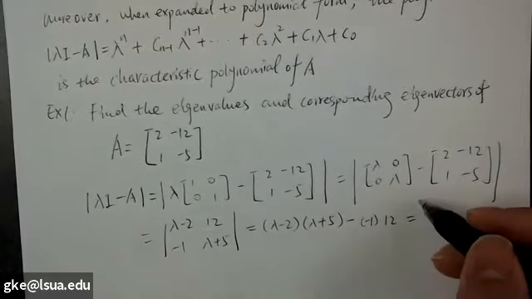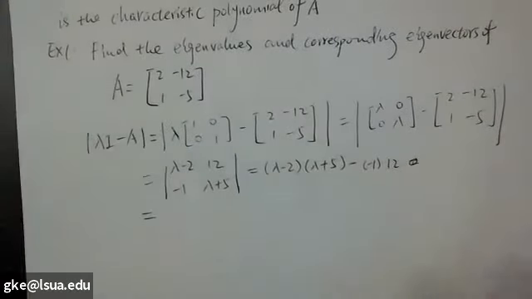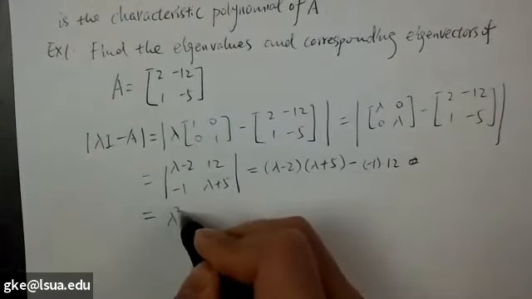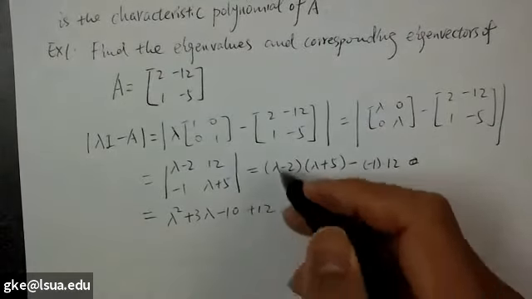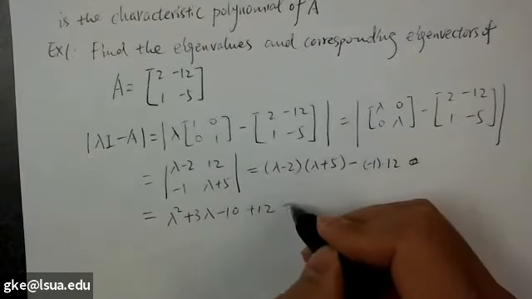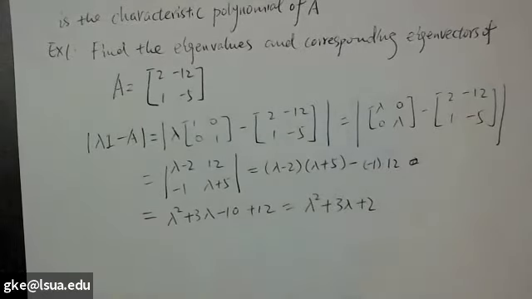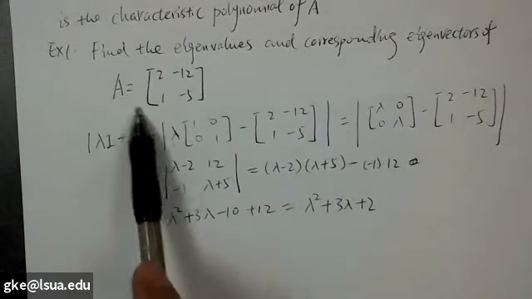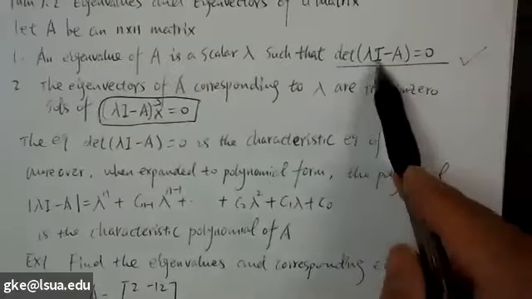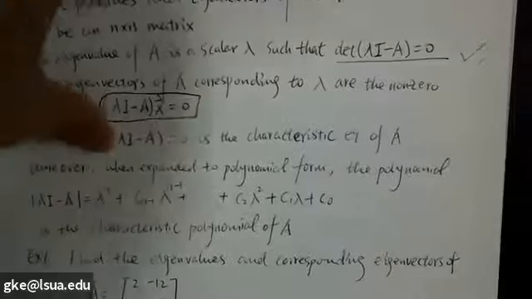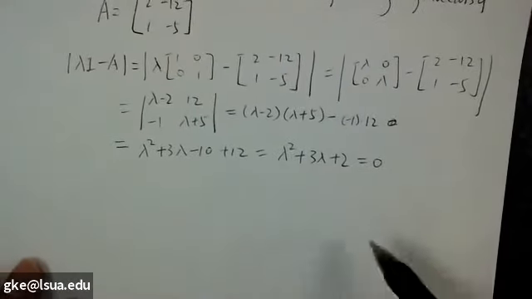After distribution, we let the whole thing equal 0 and solve for lambda.